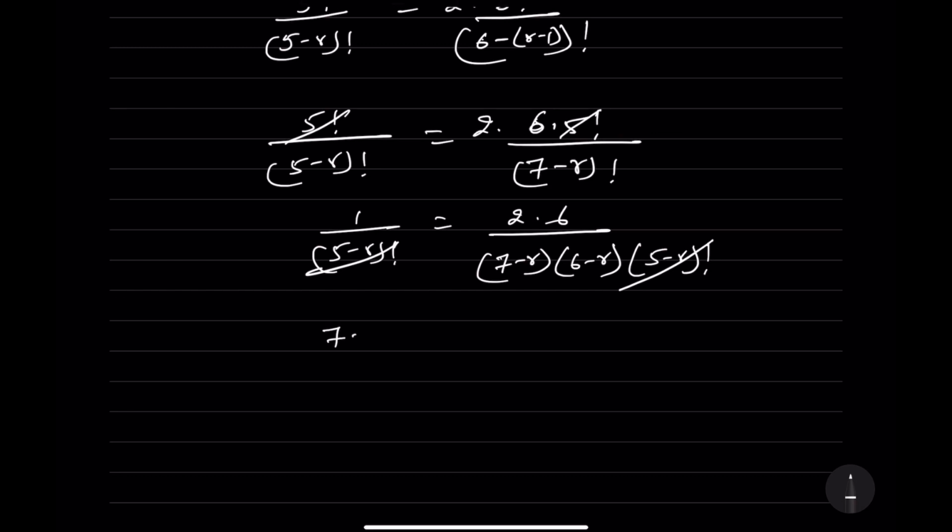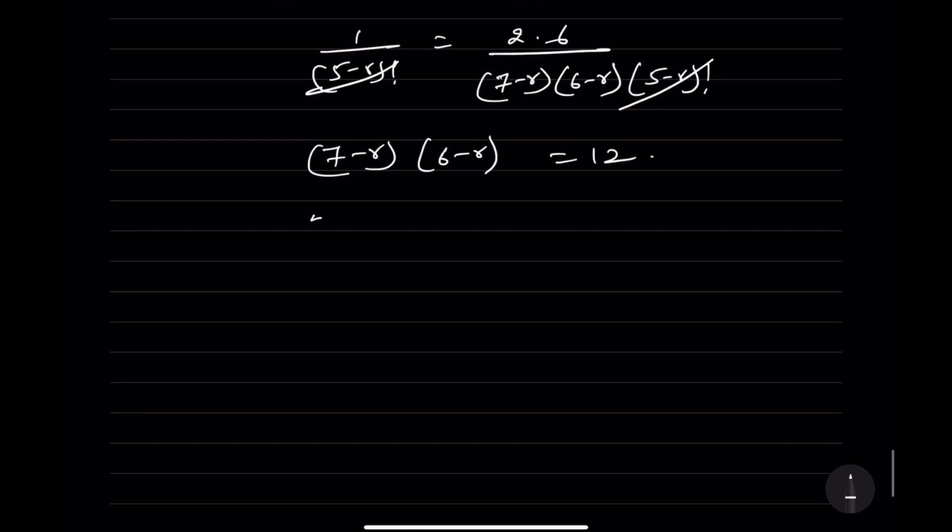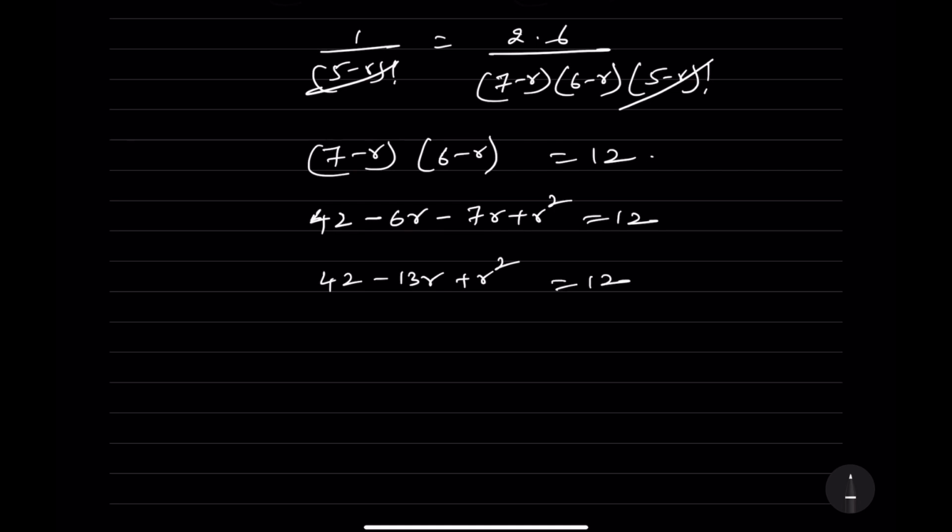So we have (7 minus r) into (6 minus r) is equal to 12. Therefore 6 sevens are 42, minus 6r minus 7r plus r square is equal to 12. So 42 minus 13r plus r square is equal to 12. If you bring it this way, you will get r square minus 13r plus 42 minus 12, which is 30.